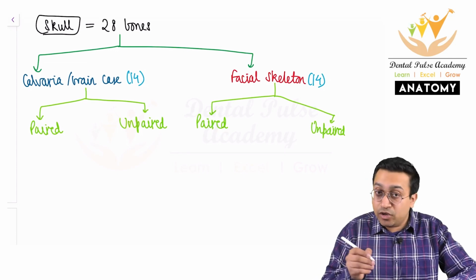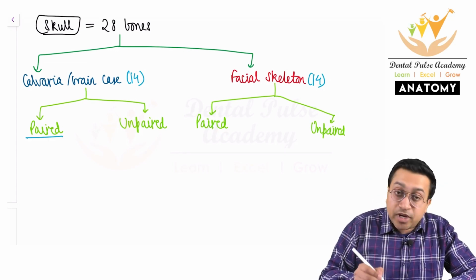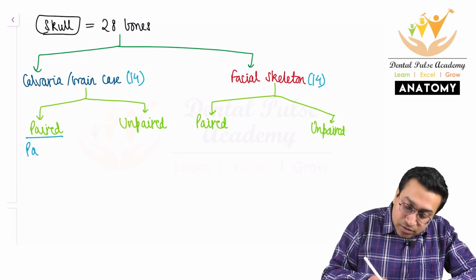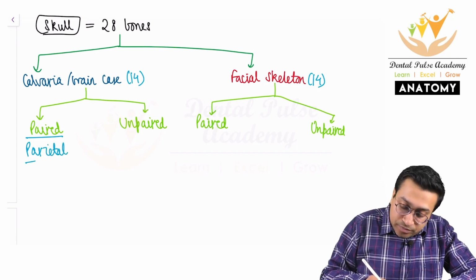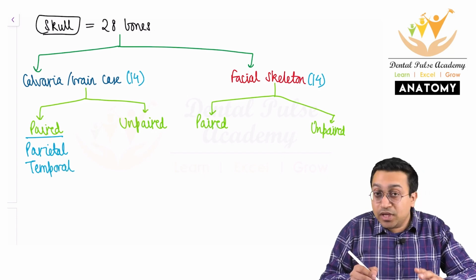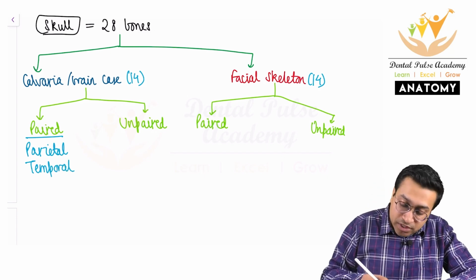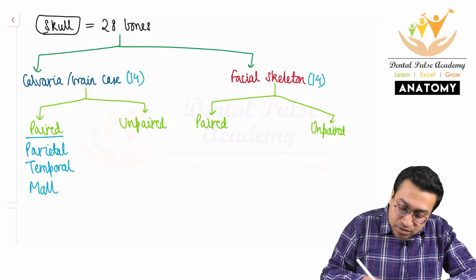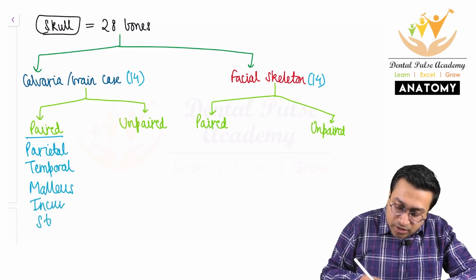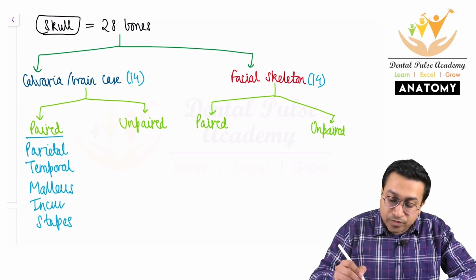First, in the calvaria or the brain case, the paired bones we have are the parietal, then temporal, and then the three paired ear ossicles, which are the malleus, incus, and stapes.